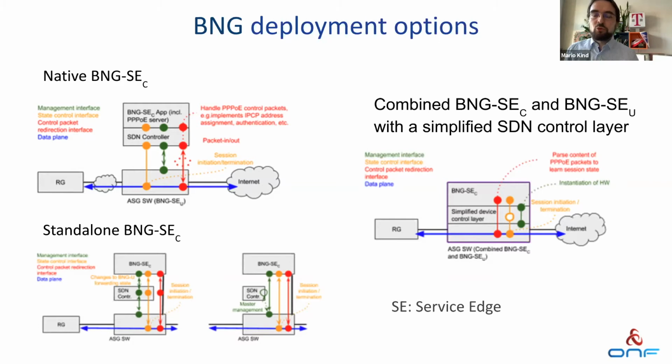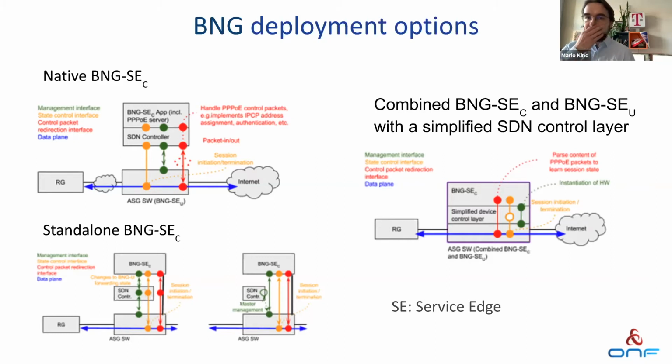If you do so, in principle, all three interfaces that we have, the yellow, green, and red ones, will have to speak directly with the SDN controller, and the SDN controller will program and take care that everything is enforced in the user plane.